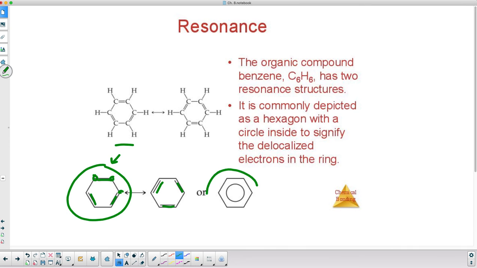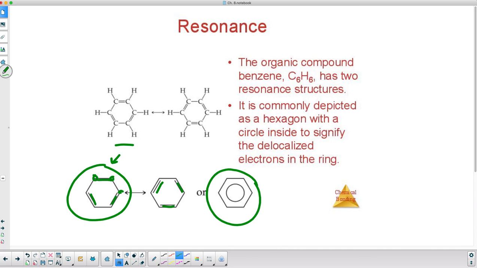But in total, it's 1.5 bonds between each carbon, so that we can have six carbons, and instead of 6 single bonds or 6 double bonds, we have basically like 1.5 bond between each one of them. And that's how that works.